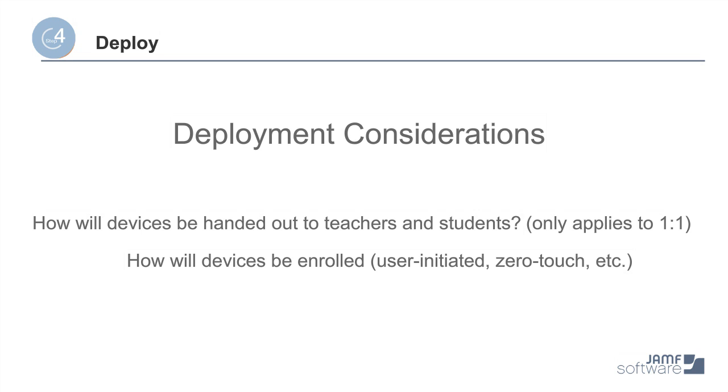Certainly you can have settings that go across all seventh graders or fifth graders, but you can get that down to the individual. Then we have zero touch, perhaps for shared use, where you choose zero touch and it just gets booted up and ready and running for the end user.